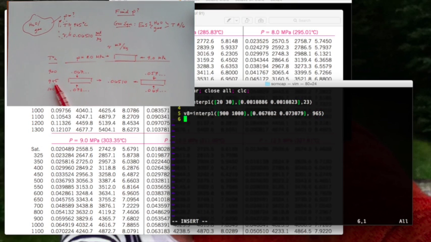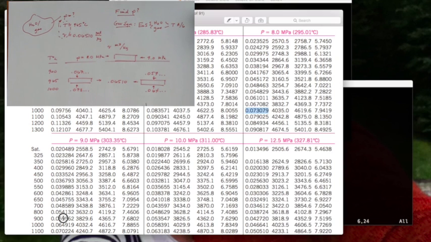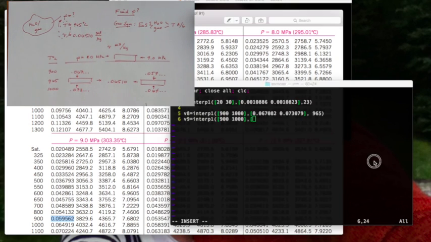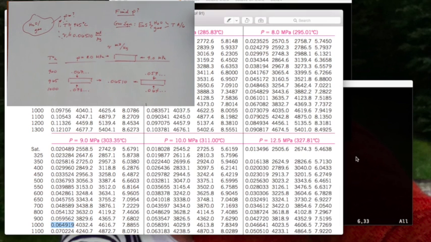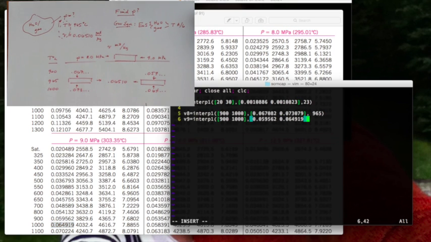Great. Let's do the same thing, but now at 9 megapascals. We're going to cut and paste these values just as easily. Let's do it quick. And we're once again interested in what the value is at 965 degrees centigrade.